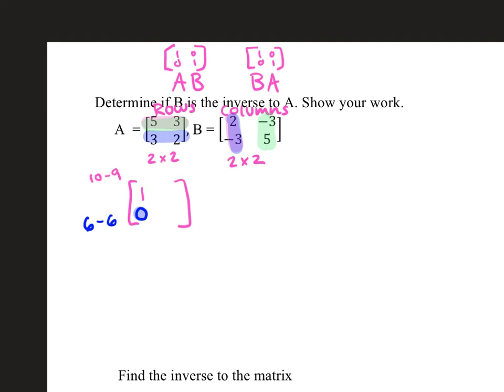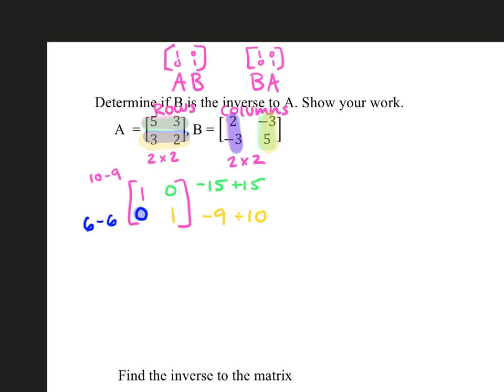So we have 5 times -3, -15, and 3 times 5, +15. So -15 plus 15, 0. All right, what's last? Second row, second column. So -3 times 3, -9, and 2 times 5, plus 10. What's -9 plus 10? 1.